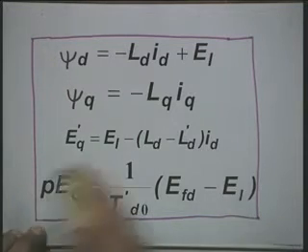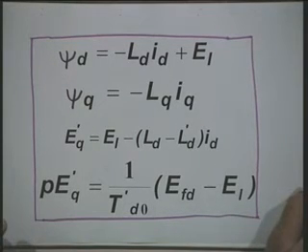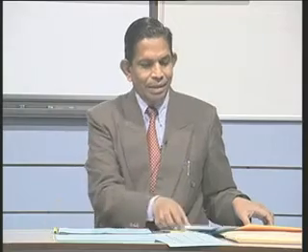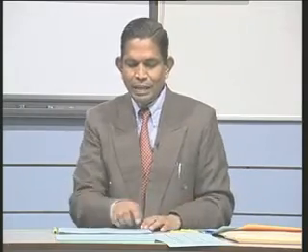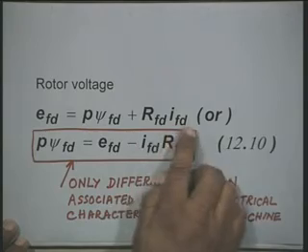If you look at it very carefully, this differential equation is related to the field circuit of the synchronous generator. We started with the equation EFD equal to P psi FD plus RFD IFD.